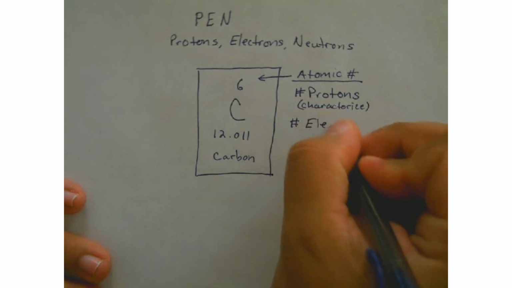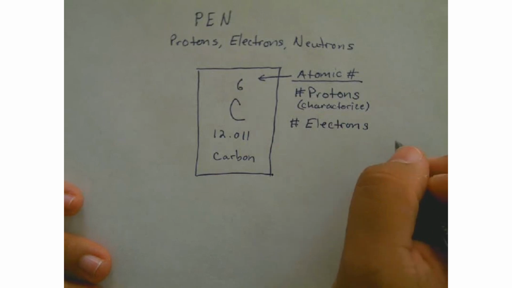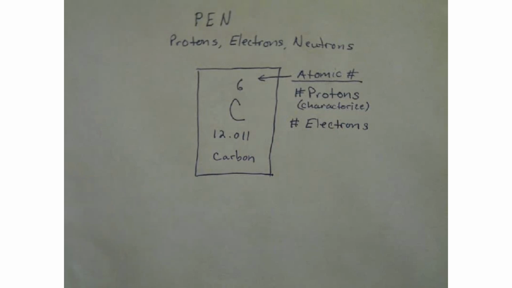The next thing we're going to talk about is that 6 also tells us the number of electrons in a neutral atom. Okay? Well, what do I mean by neutral atom? Well, the overall net charge is kind of like a magnet here. You know how magnets have a positive and negative charge? Well, it's kind of similar. It's not the same thing. Well, normally, let me bring another piece of paper here.